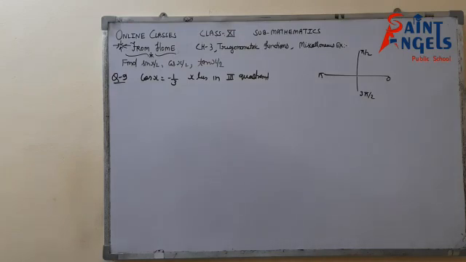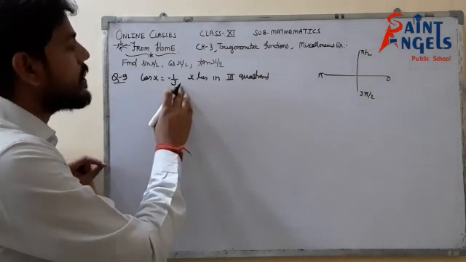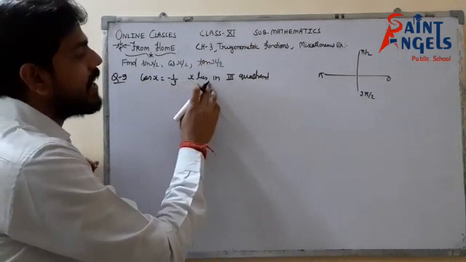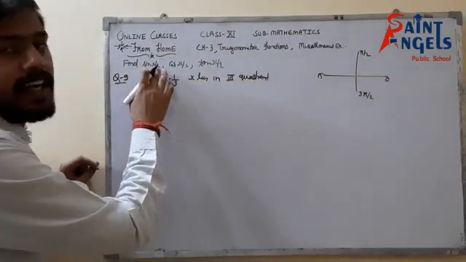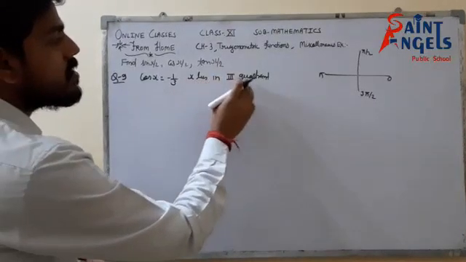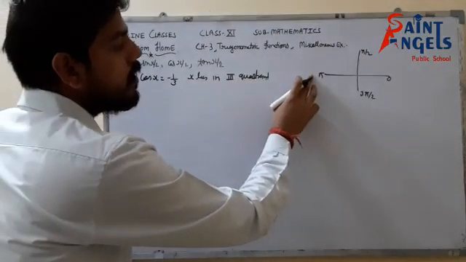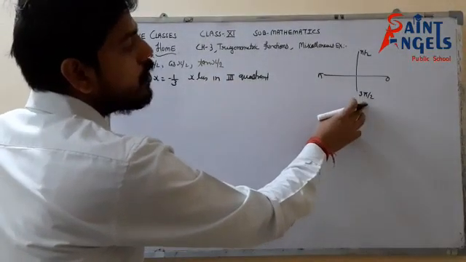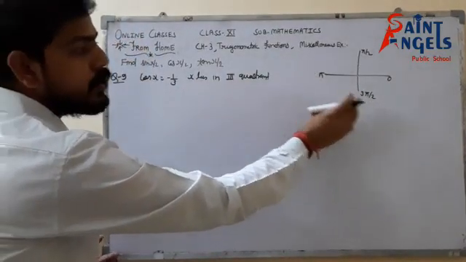Students, now look at question number 9. In question number 9, we are asked: if cos x equals minus 1 by 3 and x lies in the third quadrant, then find the value of sin x by 2, cos x by 2 and tan x by 2. If x lies in the third quadrant, it means x lies between pi and 3 pi by 2, that is 180 to 270.